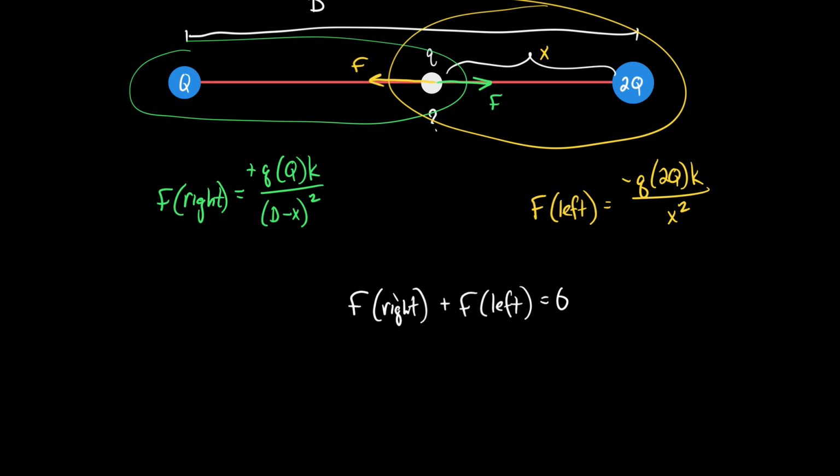Or if you're trying to save time, just set them equal to each other. That's what's going to happen anyways. Technically this is right, making sure I make one positive and one negative because I have to deal with direction, and I should make it on a number line and all that. But do we all see that in the end, all that's going to happen is I'm going to have Q times K over D minus X squared equal to Q times 2Q times K over X squared.